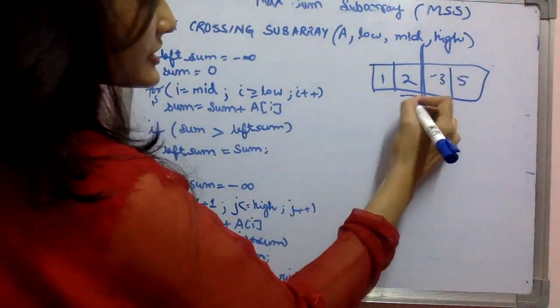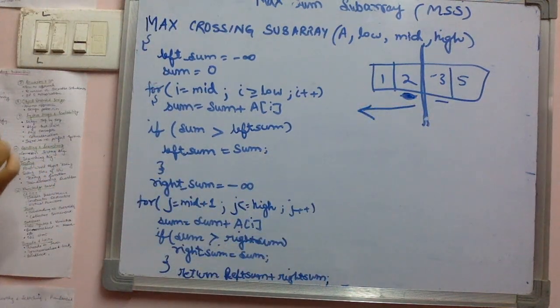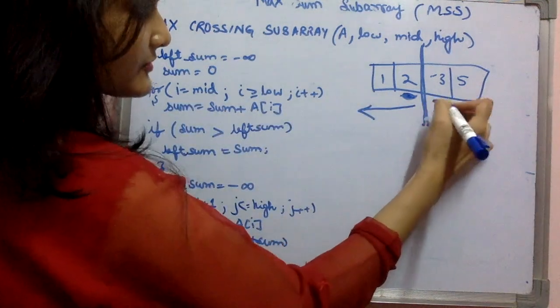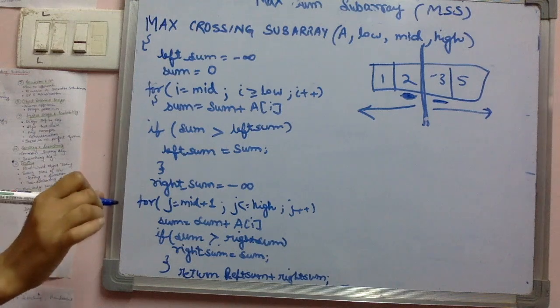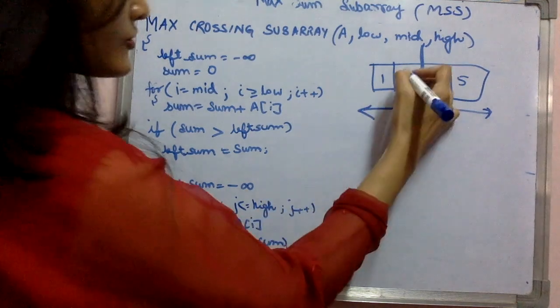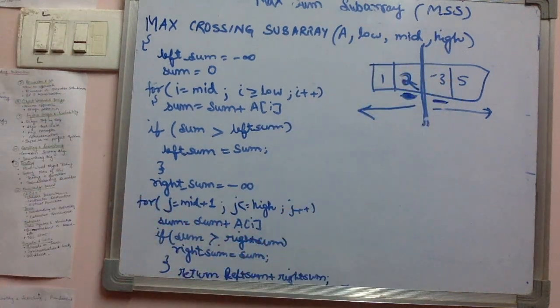One subarray starts with this element and goes towards the left searching for the maximum sum, and the other starts from this element and moves toward the right searching for the maximum sum. So compulsorily we have to take 2.